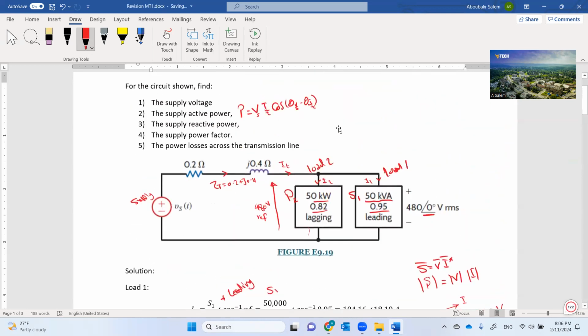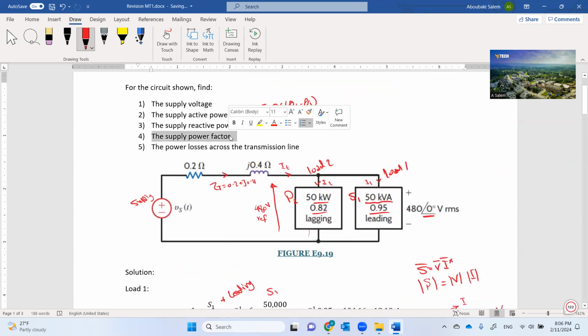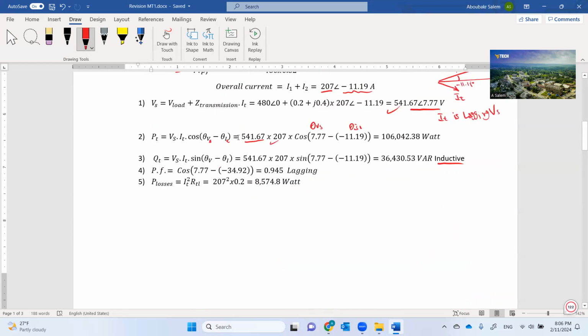Part 4, we need to calculate the supply power factor. For sure, guys, we have all angles now, so cosine theta V S minus theta I total equals our power factor, and you can substitute that here. Please correct this part also: this is 11.19. Let's calculate this power factor now.